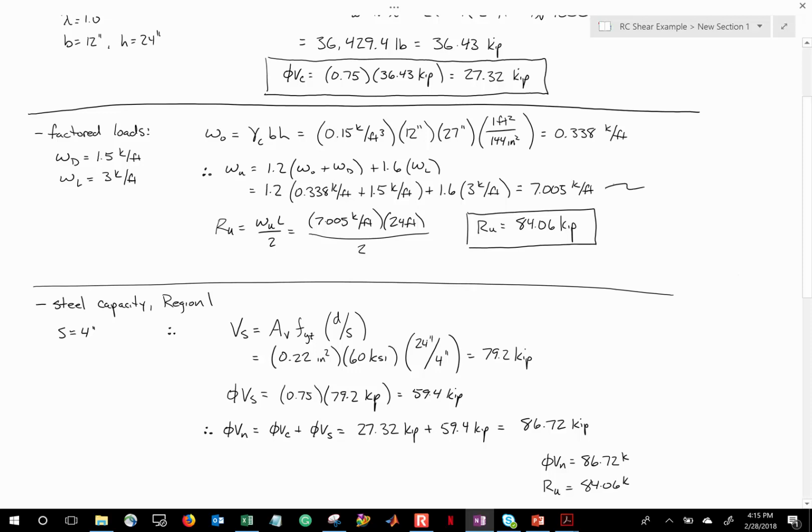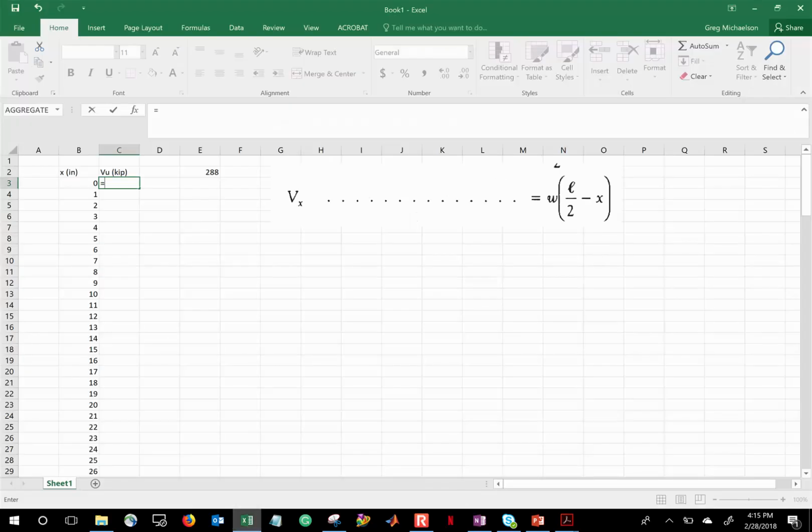This was our W value, 7.005. So 7.005 times L over 2, so 288 over 2 minus X. Oh, there we go. This right here, this is perfect.